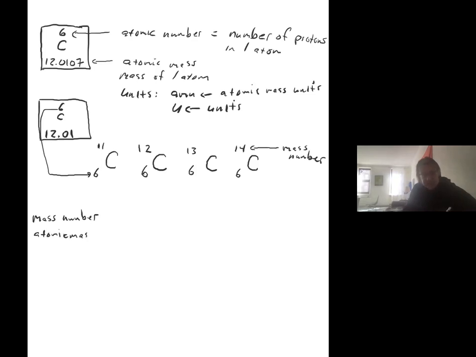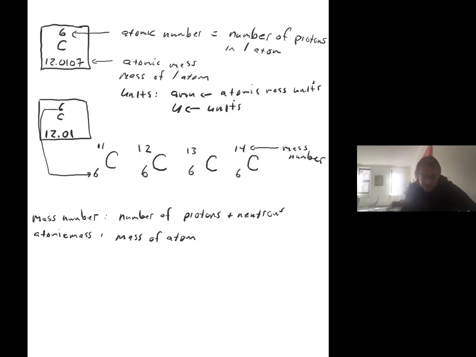They're not the same thing. So the mass number is the number of protons plus neutrons in the atom. And then the atomic mass is just the actual mass of the atom. Okay, so they're different, but they are related.